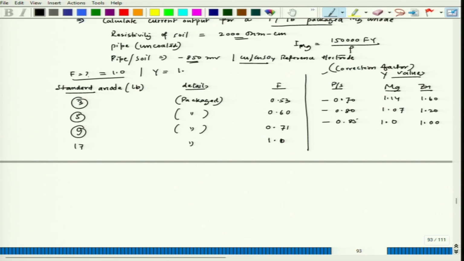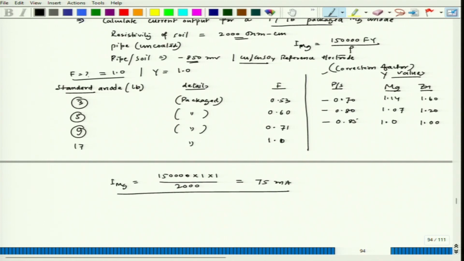So Y is 1. Now, I_MG equal to 15000 into 1 divided by 2000. So it becomes 75 milliampere. So that is the current output.